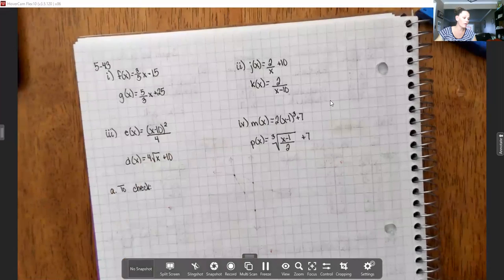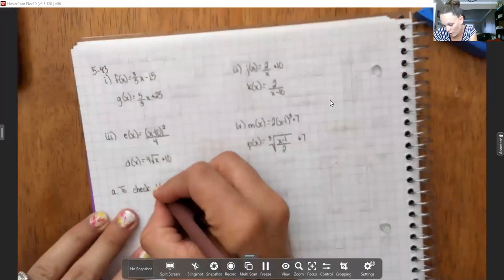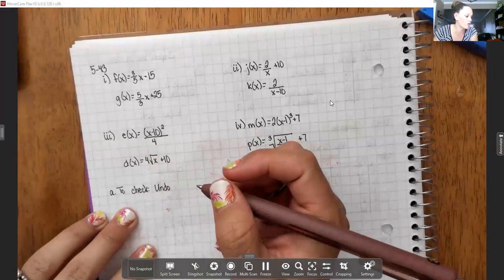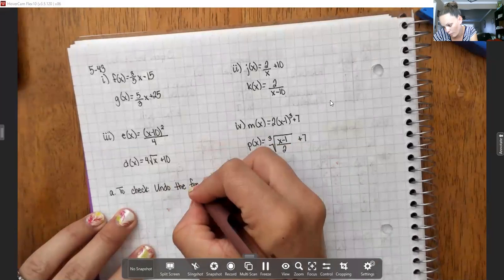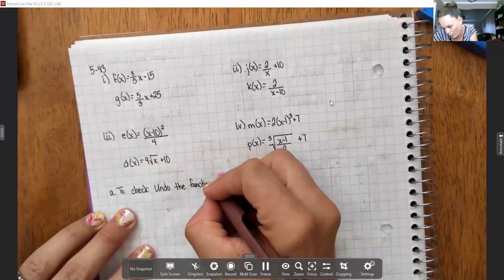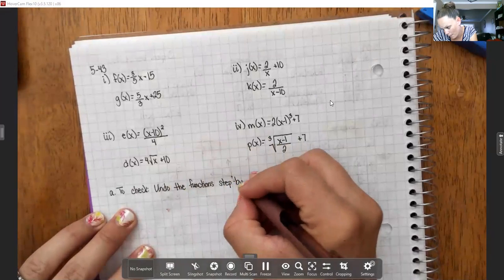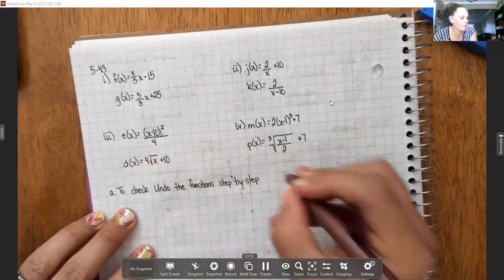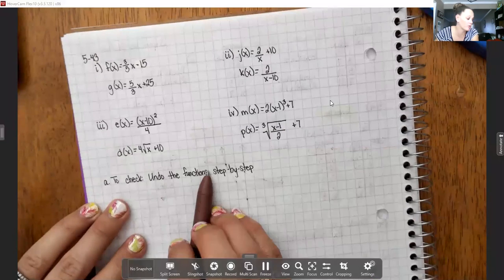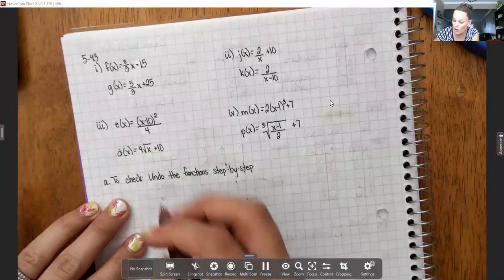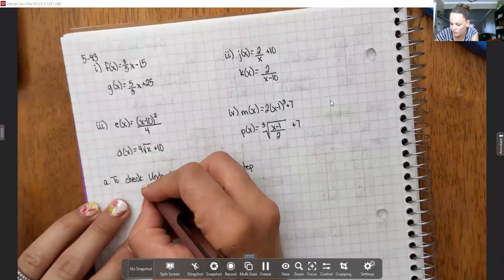So we have a couple of options. We could undo the function step by step. So that would be using the equation. We could see if the tables are reversed.